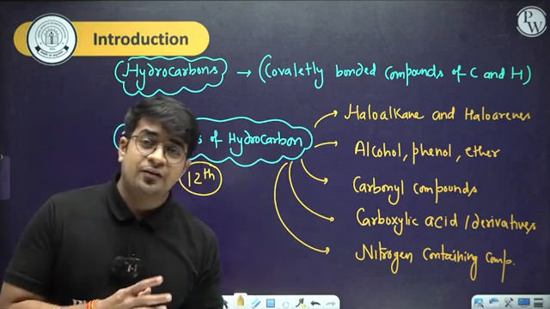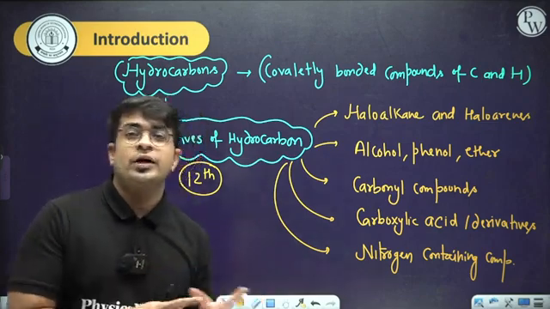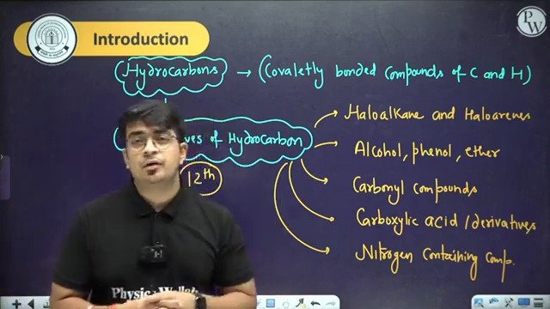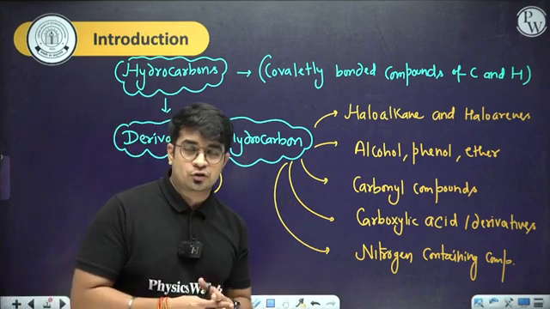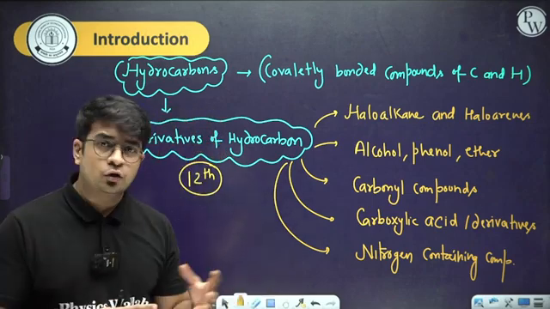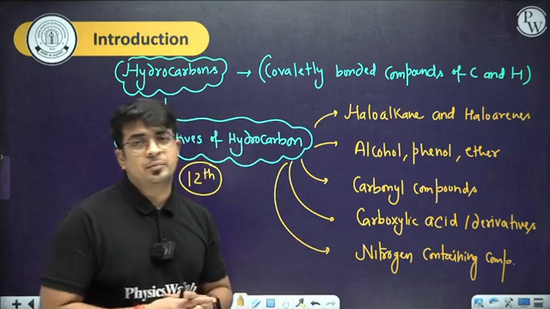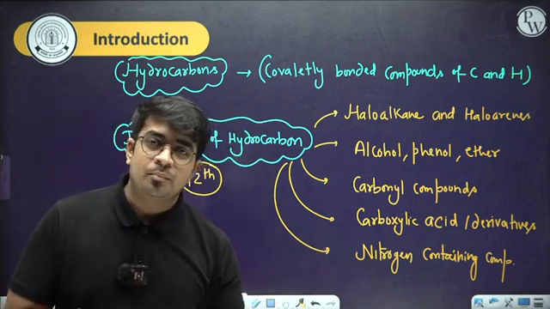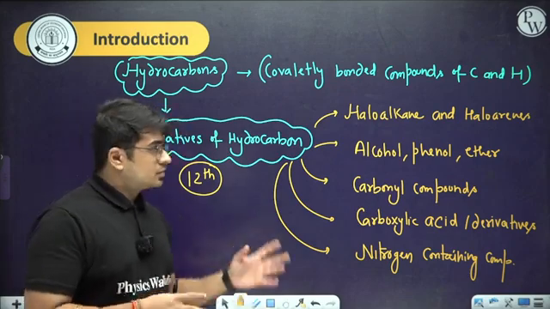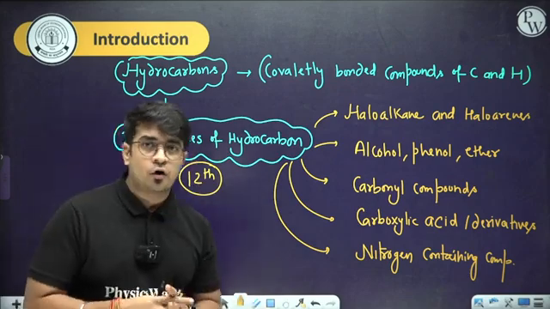Either we have F, Cl, or we have the OH group, or we have the next part which belongs to the C double bond O group or COOH group, as well as its derivatives like acid halide, like amide, all those types of structures. And the last part will be nitrogen containing compounds, which are mainly amines, you can say, as well as amides. So this is the entire basic portion of organic chemistry.